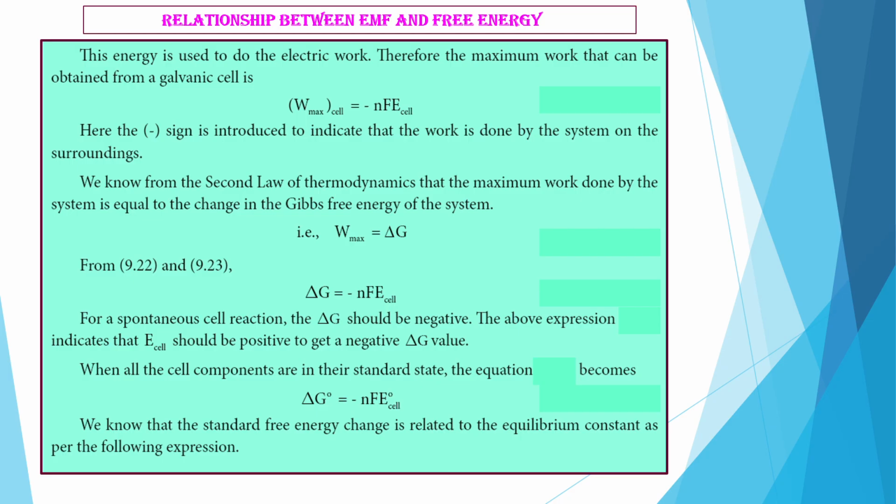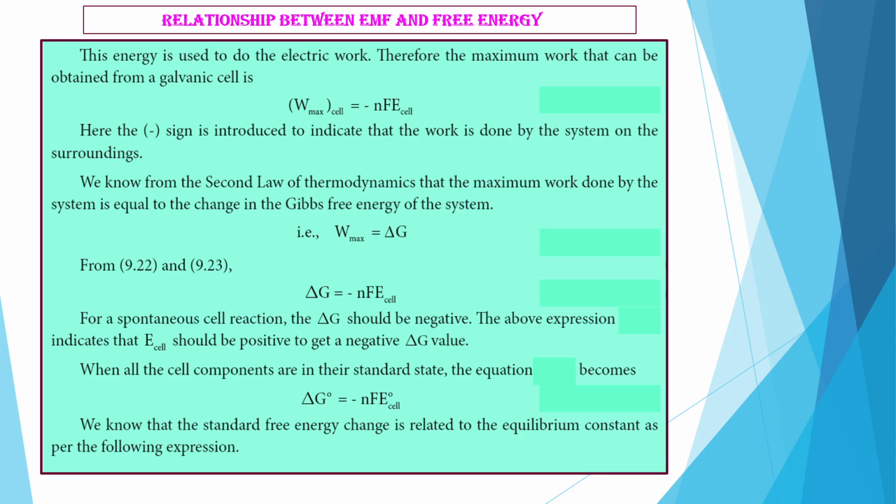So similarly, if I take that particular relation in the standard state, meaning at 298 Kelvin and 1 atmosphere pressure, then I would say that delta G naught, where naught stands for standard, the standard free energy change, is equal to minus nF E cell naught.